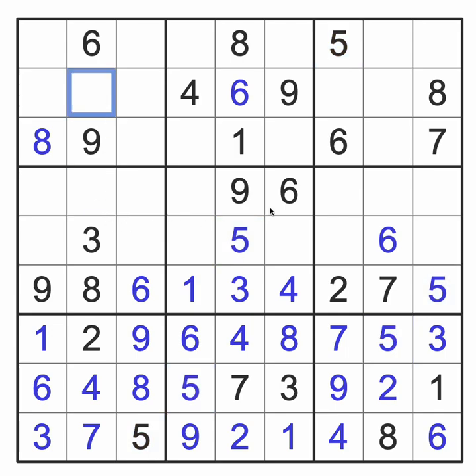In box 2, this 5 blocks these. This 5 in box 8 blocks this cell, gives me 5 here. 2, 3, 7, 2, 7, 8, 2, 3, 4.